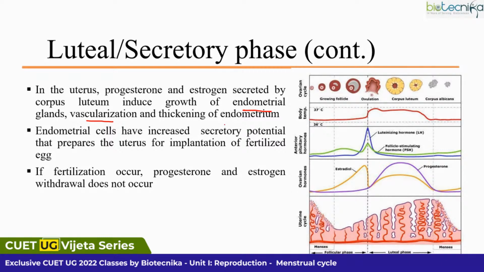They have increased secretory potential, these endometrial cells. That is how they prepare the uterus for implantation of the fertilized egg. But if fertilization does not occur, remember the progesterone and estrogen levels will go down, they will be withdrawn. No more progesterone and estrogen means the cycle will continue and the menstrual phase will again begin.